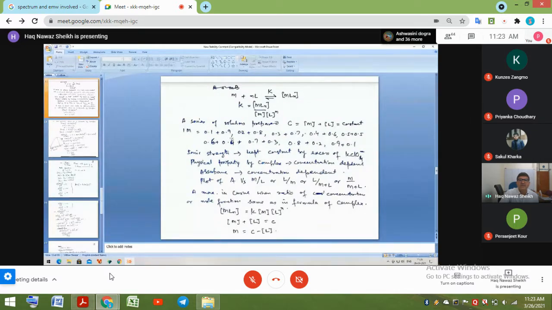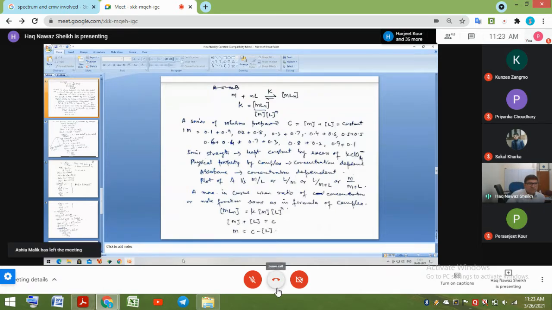So adding them, it becomes 1.0 molar. Similarly, in the second, 0.2 plus 0.8, then 0.3 plus 0.7. These are different combinations by which you can generate different solutions varying the concentration of the metal and ligand, but at the same time keeping the total concentration of metal plus ligand constant, right?